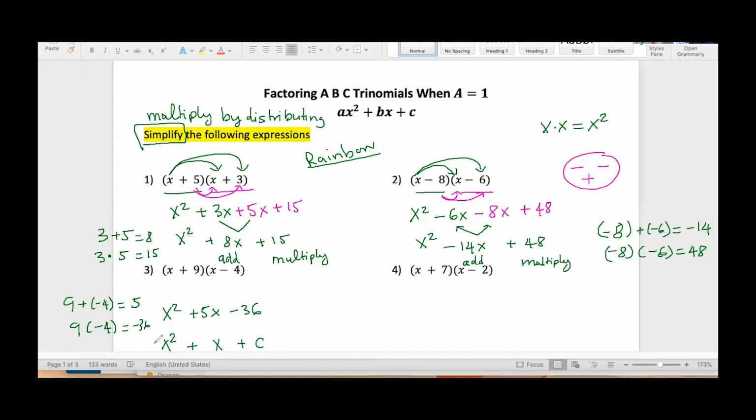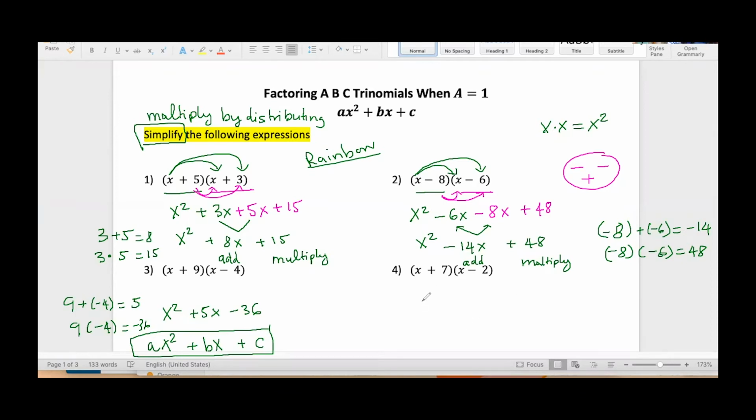So the formula is the trinomial ax squared plus bx plus c, forever and always, okay? To get b, we add the numbers, 9 plus negative 4. And to get the last number, we multiply.